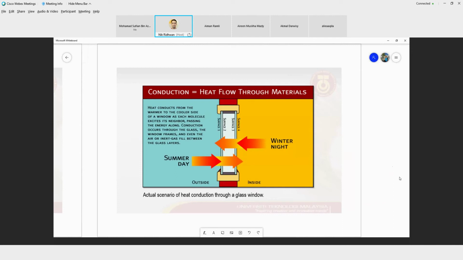So you can imagine during the winter, it is very cool. It's like you are living in a refrigerator.